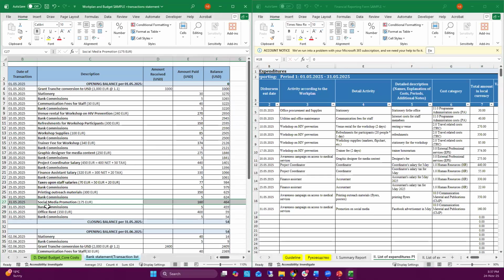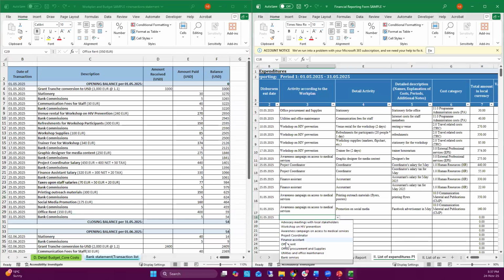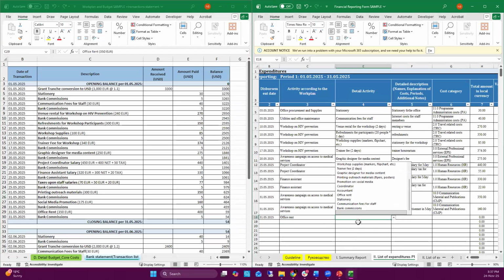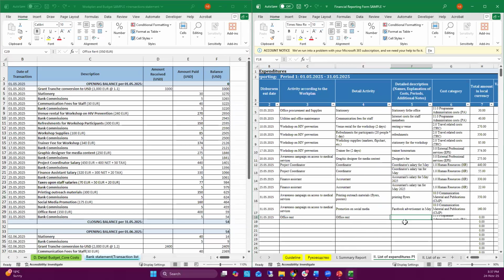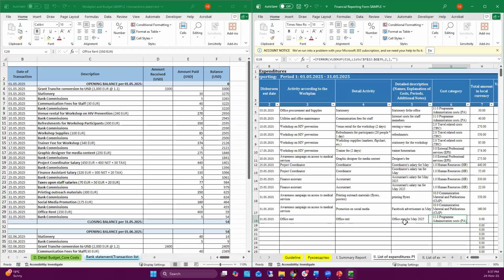Okay, the last one that we paid during this first period is office rent. So here we have it. Office rent for May 2025. It was like 400 USD. Okay, and the last thing we have left is the bank commission for the whole period.